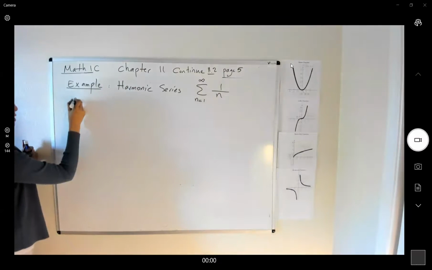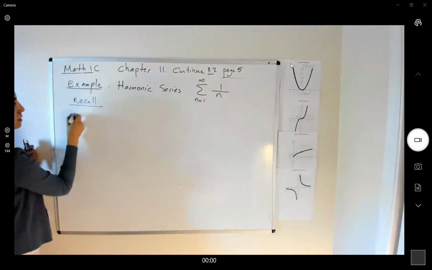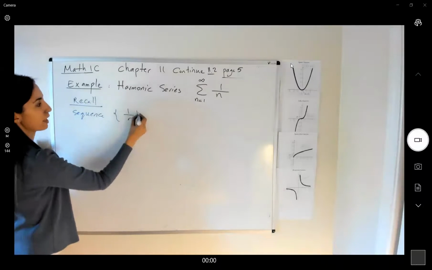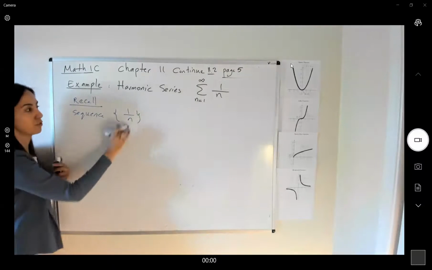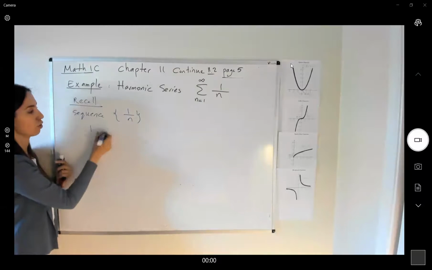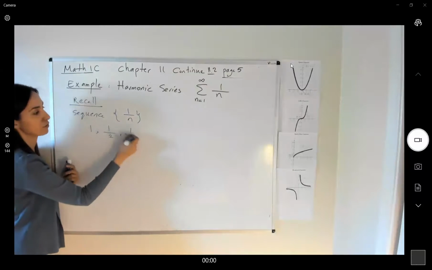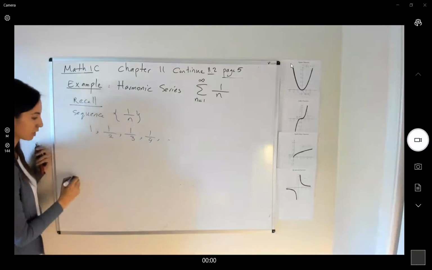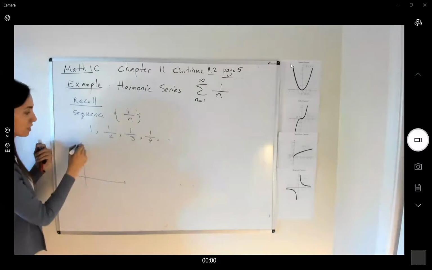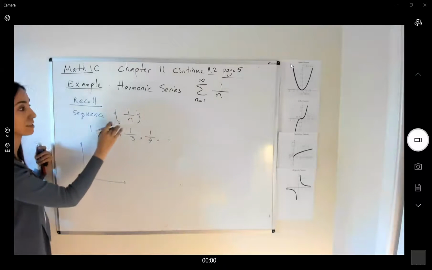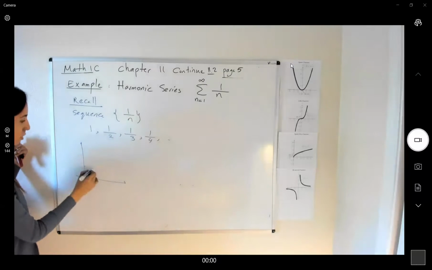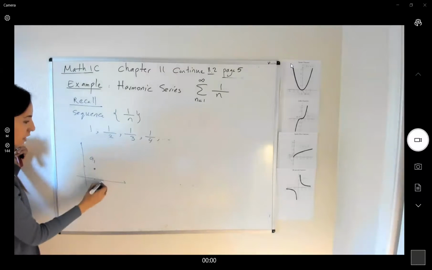Recall that the sequence 1 over n is defined this way. If you plug in 1, you get 1 over 1, which is 1. If you plug in 2, you get 1 over 2. If you plug in 3, 1 over 3, 1 over 4, and so on. If you remember the graph of this sequence, but it's not a series, just a sequence. At 1, you have 1, the first point, a sub 1. Then at 2, you have a half.